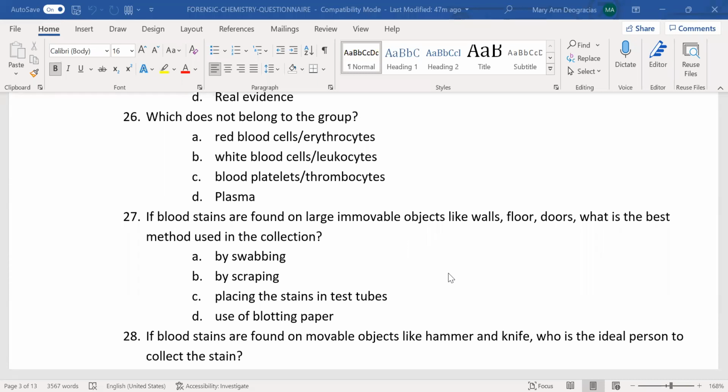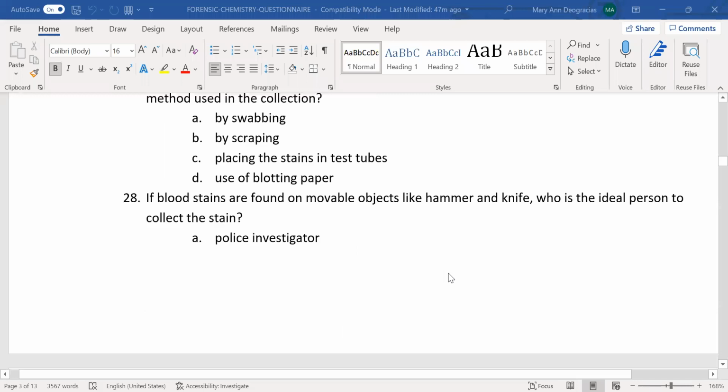Yung liquid blood. Pwedeng blotting paper. Sasawsaw lang yung blotting paper sa liquid blood. Kasi letter C, placing the stains in test tube, hindi. No? Ang nilalagay sa test tube usually is liquid blood. Okay? So stain yan eh. Ba't mo ilalagay sa test tube? Number 28.